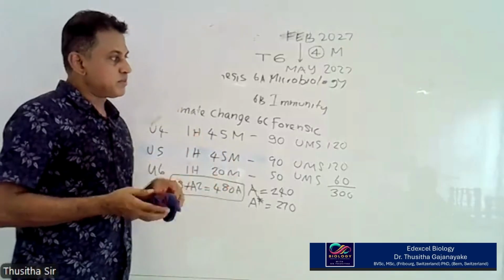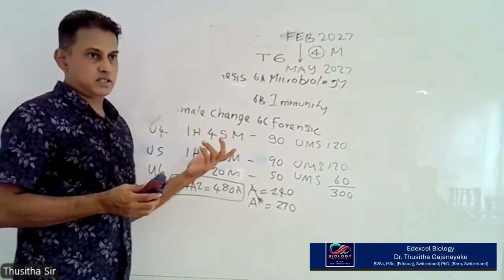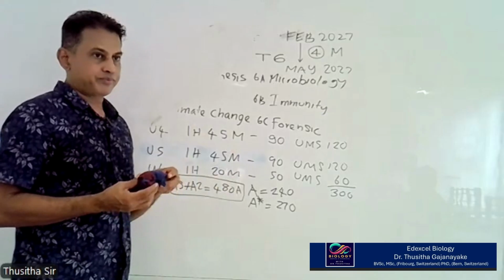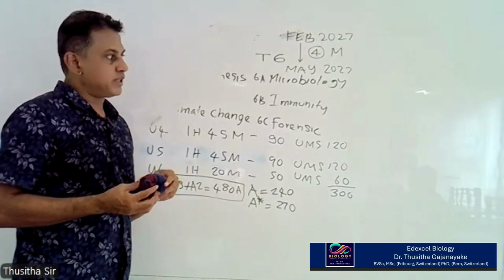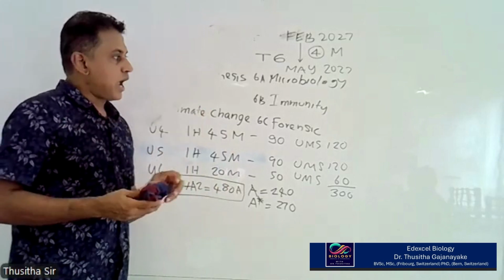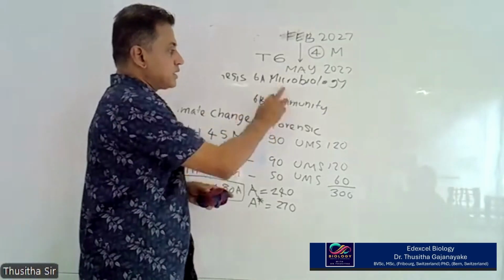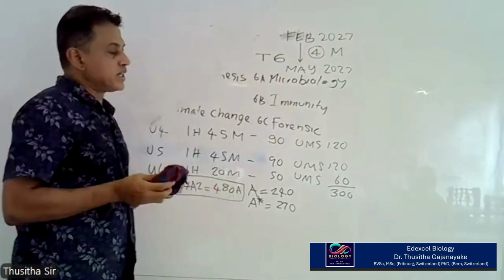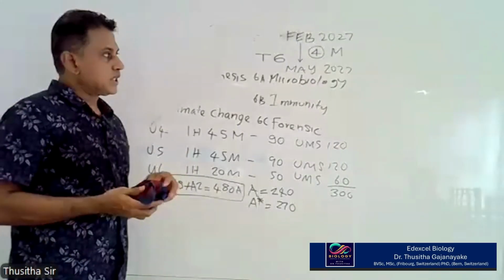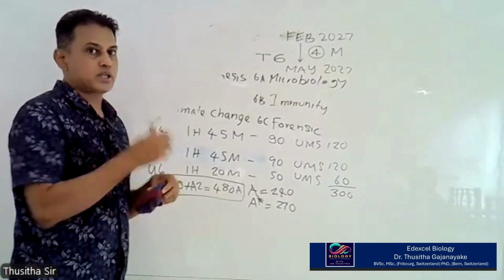Most of them say Unit 4 is hard compared to Unit 5, which is easy, because it's mostly about the human body and they can answer. But Unit 5 deals with climate change, which is a big concept, and ecology is also a big concept. When it comes to diseases and microorganisms, they are also evolving, with new things coming. So keep in mind, in Unit 4 you have to focus a lot more than other units.